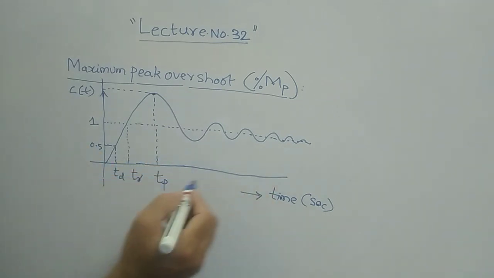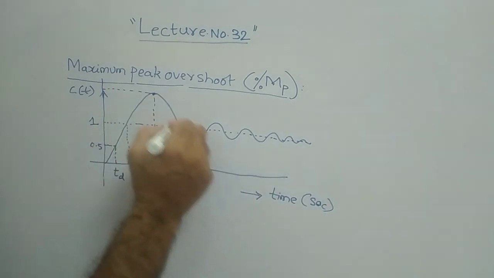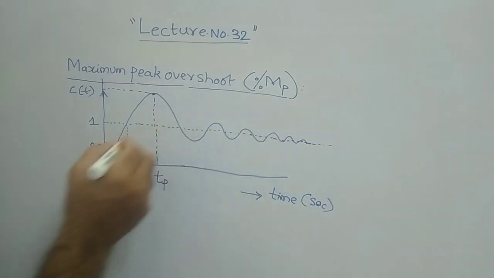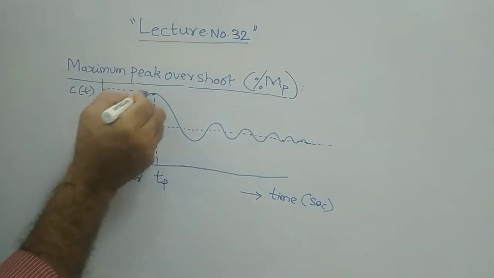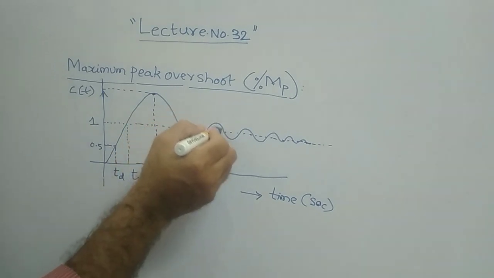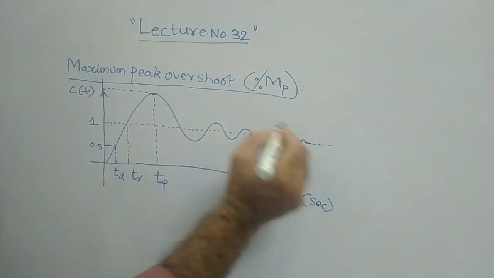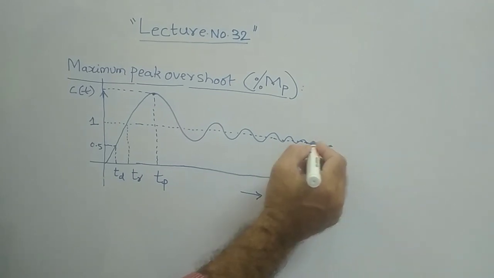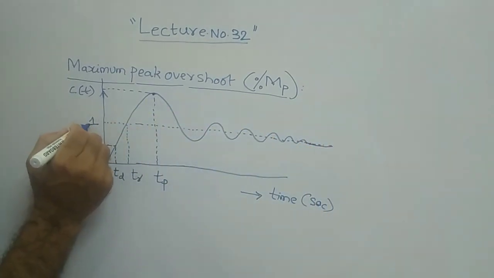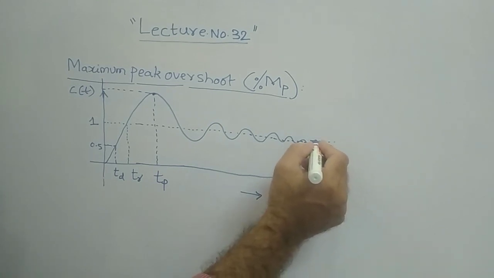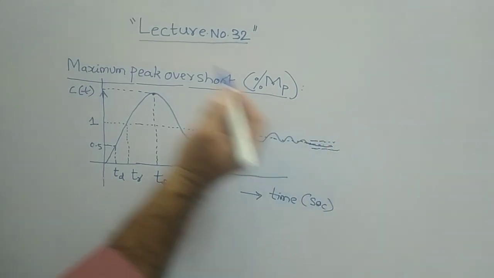And then what is the settling time? Settling time is the time required for the waveform to settle in the tolerance band. So if you see, this is the maximum peak. The peak is decreasing little bit further, and it settles nearer to the value of 1. There is a tolerance band basically, plus or minus 2%.